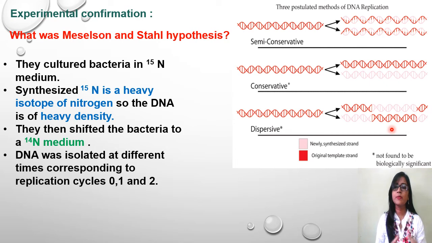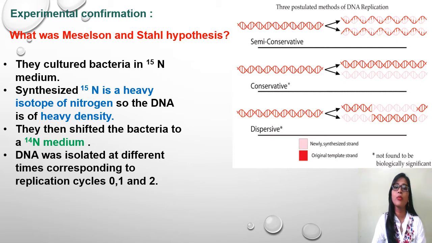So in the dispersive mode of replication, it was suggested by some scientists that there is a mixture of the DNA strands. Some segment of the newly formed DNA is old, some part is new. So it is present in the form of segments, it is scattered. Okay, so these two methods, conservative and dispersive, are not biologically that important.